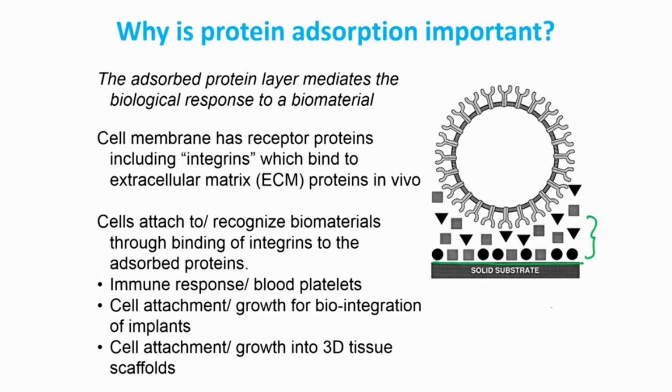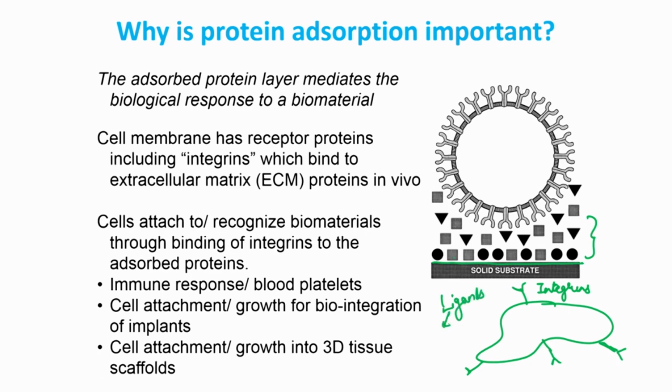So in this case what we are talking about is these cells, when they attach to the surface they have a special class of molecules which are called integrins. And most attachment and spreading of these cells on these surfaces will happen when these integrins bind to their receptors or their ligands.